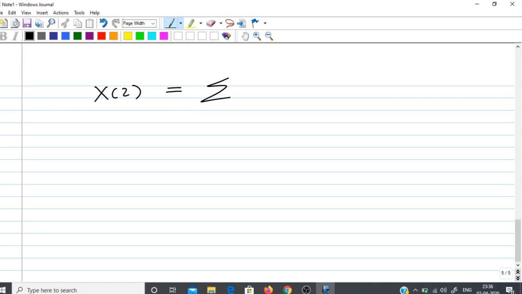If n is minus infinity, m will be plus infinity, and when n is minus 1, m would be plus 1, half z inverse, and the power is minus m.